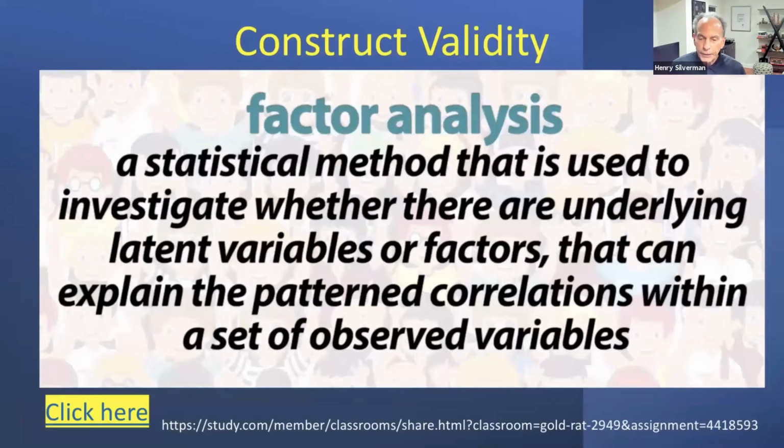We do this by performing what is called factor analysis, a statistical method that is used to investigate whether there are underlying latent variables or factors that can explain the pattern of correlations within a set of observed variables.